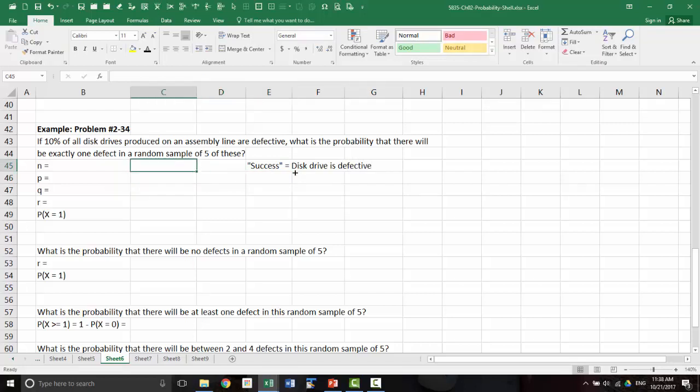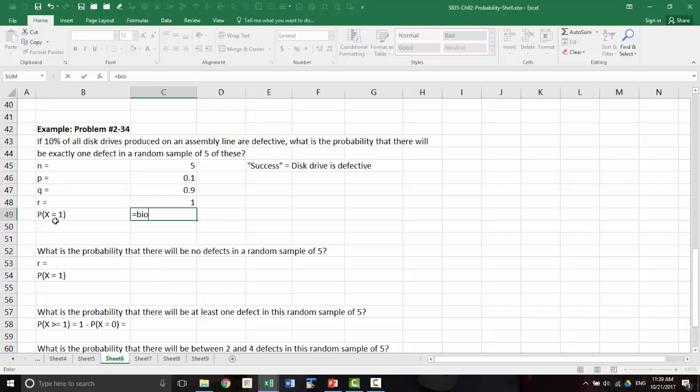Now n is 5. P, the probability of success, is 0.1, 10%. So Q is 1 minus that. And the probability that we want is that exactly 1 of the 5 will be defective. So r is 1, the probability of x equal to r, or x equal to 1.